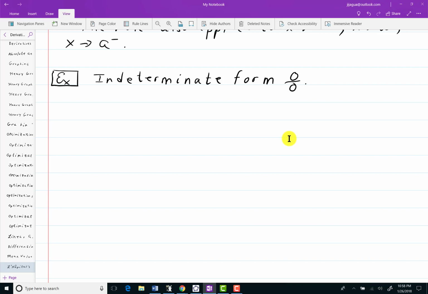So here's the example. The limit as x goes to -1 of x to the 4th plus x cubed plus 2x plus 2, all over x plus 1. Now you can see that the denominator is going to be 0, no problems there, but let me check the numerator.